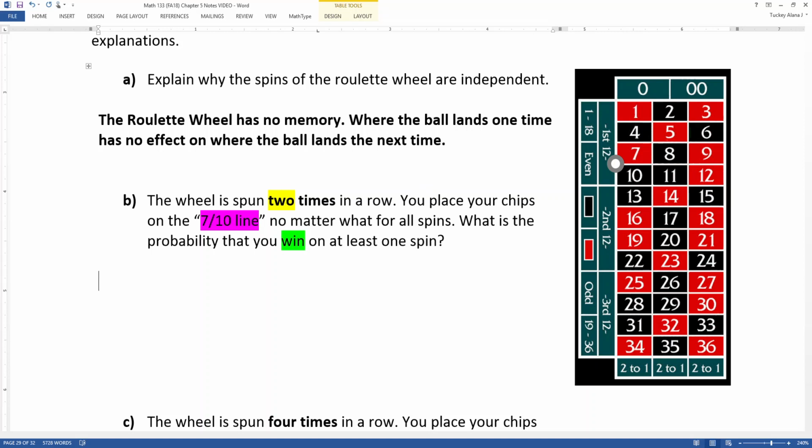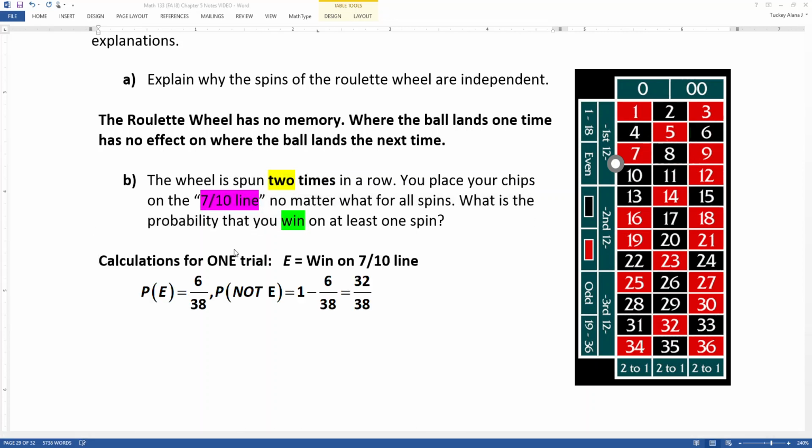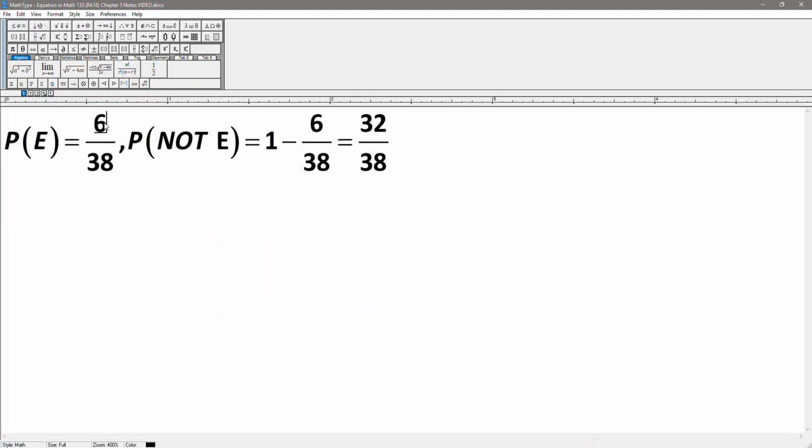I highly recommend that you get used to figuring out what you want for one spin. So event E is winning on a 7-10 line. So the probability of event E is the probability of winning on that 7-10 line. When you look at the 7-10 line, there's 6 winning spaces out of 38 spaces total.